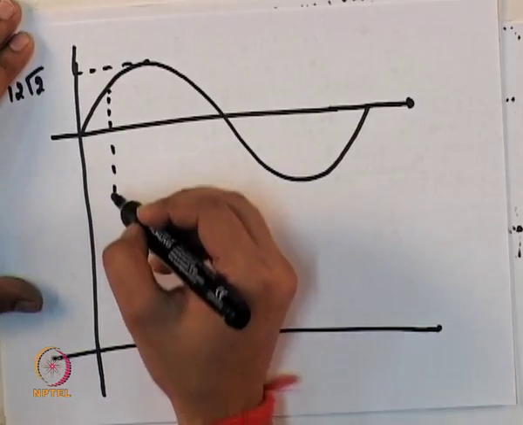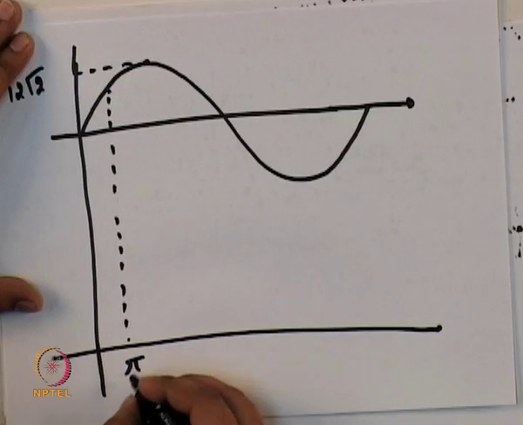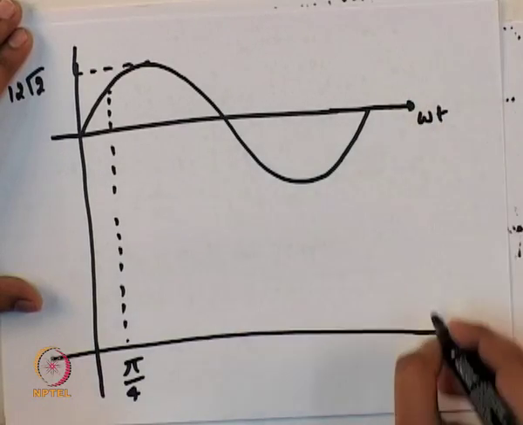Since the diode starts conducting after pi by 4, this is the omega t.